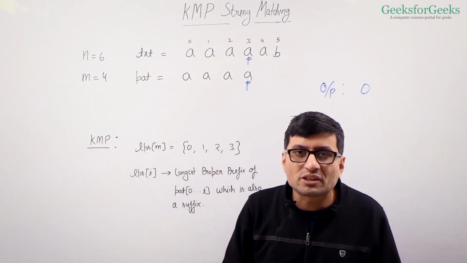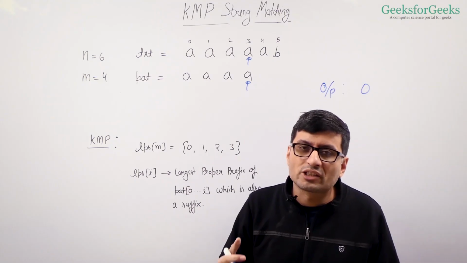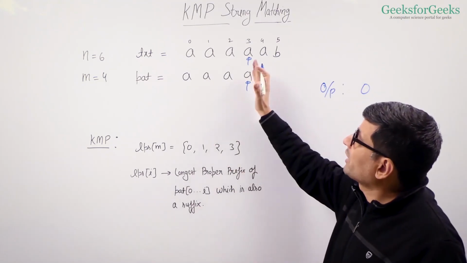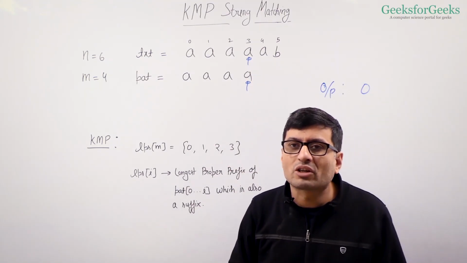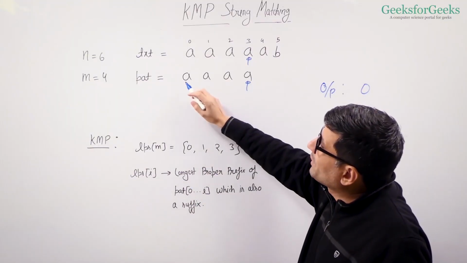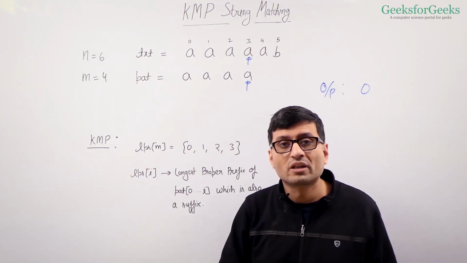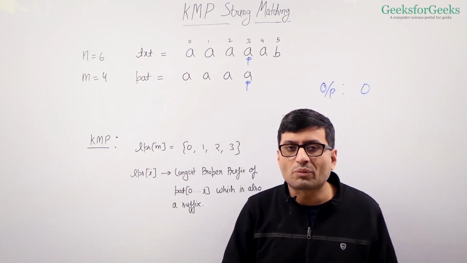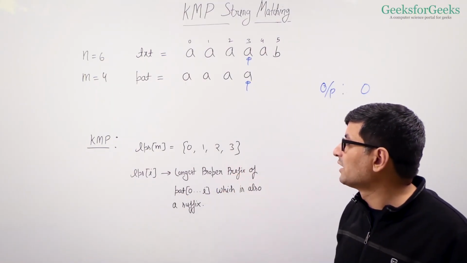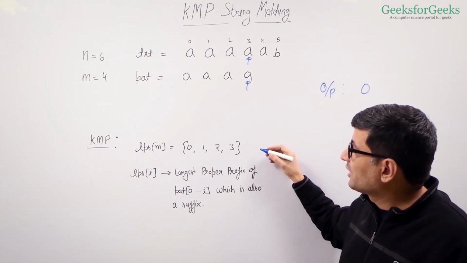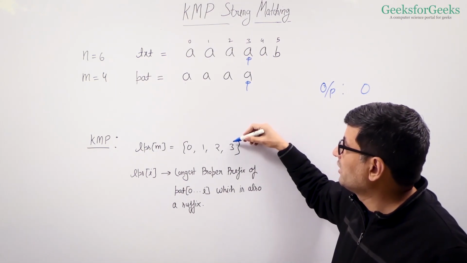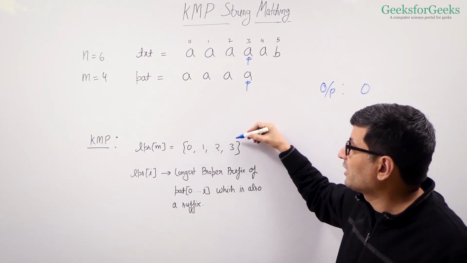Now the question arises, what should be the next characters to be matched? We have matched all the characters. What were we doing in the naive algorithm? We were going to compare this character and this character in the naive algorithm. And this is where KMP algorithm does optimizations using this LPS array. What it does is, it looks up the value for the last matched character in the LPS array.